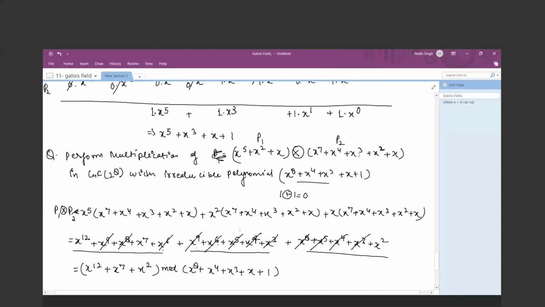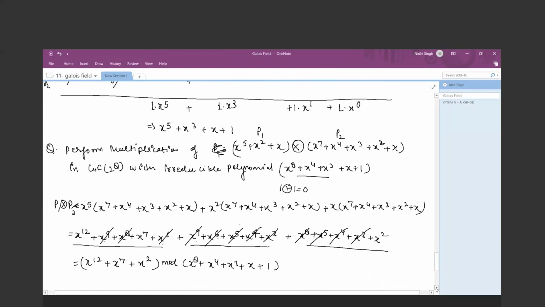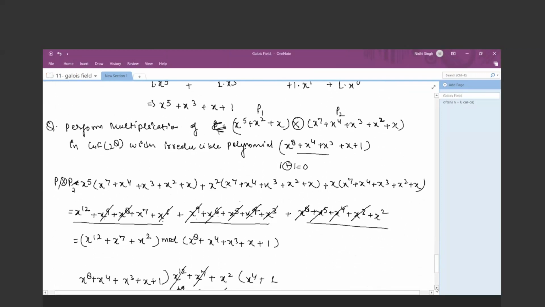But in the multiplication, we have performed the reduction operation also. So this is P1 and P2. We have to perform the multiplication operation between the two in the Galois field 2 to the power 8, and this is the irreducible polynomial. It is given to you in the question. So in this multiplication, we have to multiply each term of polynomial P1 with the whole of P2, like x5 will be multiplied with x7, x4 plus x3, x2 and x, and so on.